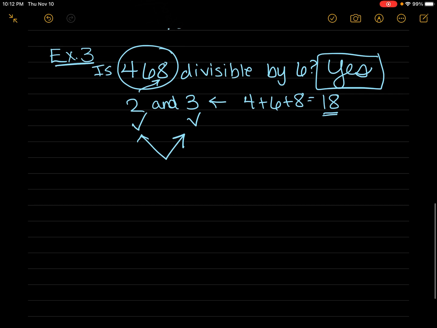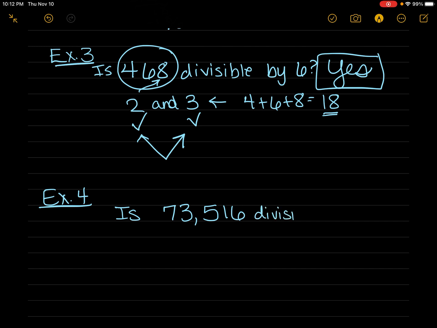Okay, if I wanted to do, is a number divisible by 4, since we just did that one, let me think of a number really quick. Okay, I'm going to give you a super long number. Let's say, well, not super long. Say, is 73,516 divisible by 4?